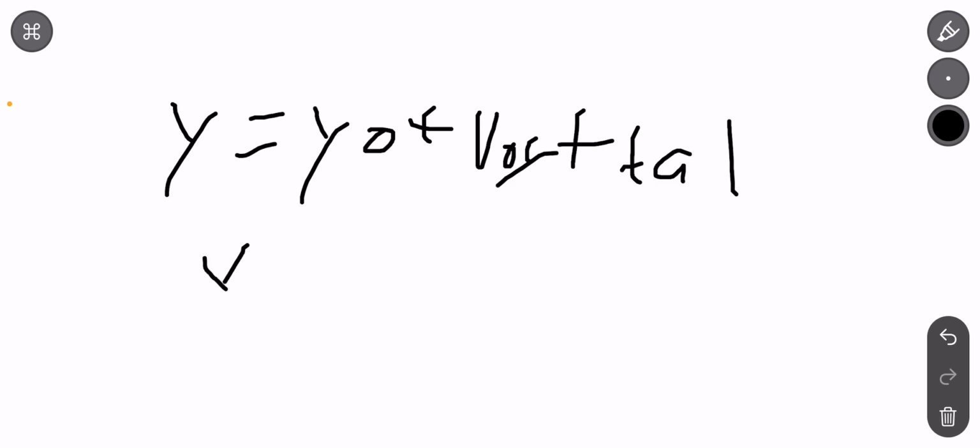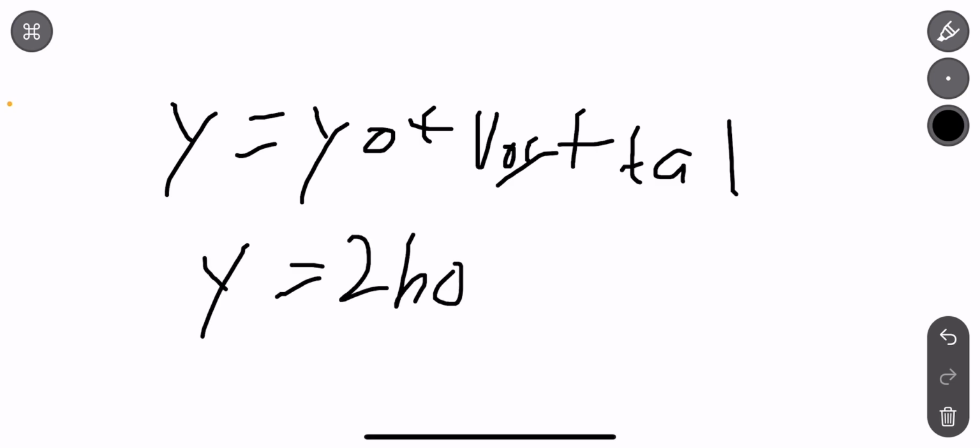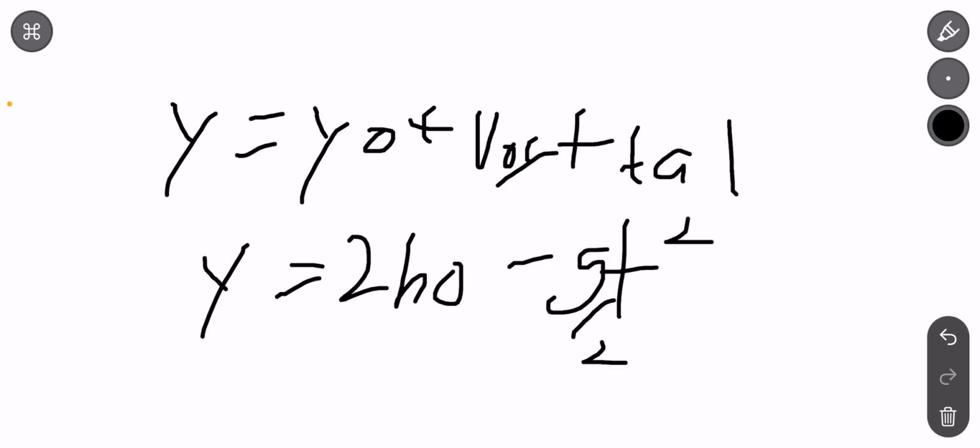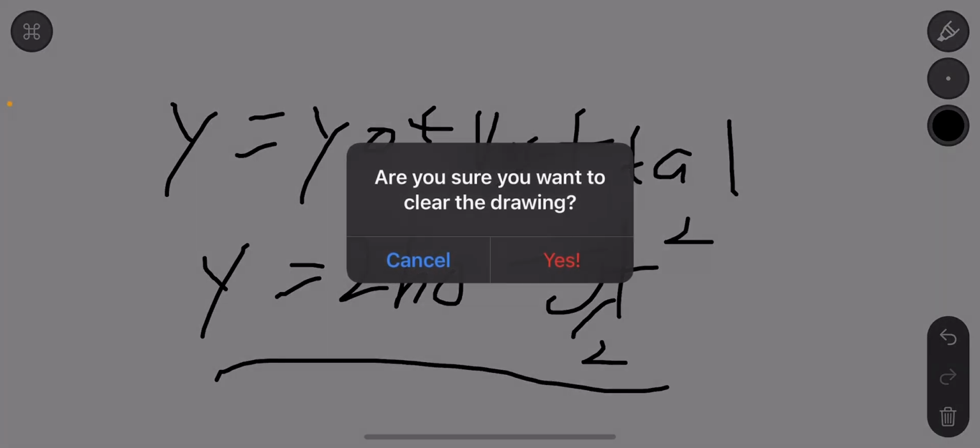Now, if we were to continue to work it out, we have y equals 2h0, because we replaced it now, and then minus g over 2, t squared. Remember, this is what we originally were talking about with the double building.